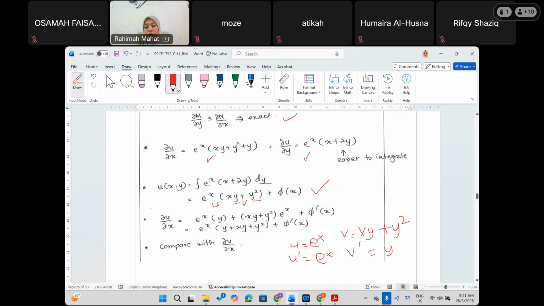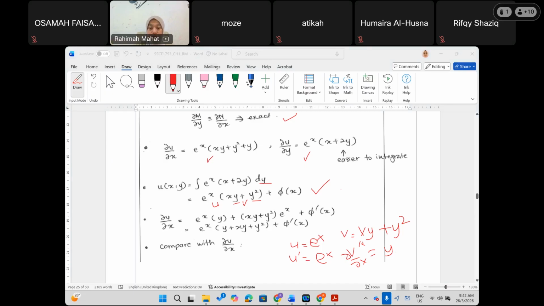This one is actually delta v over delta x. Delta v over delta x, right, v prime. Okay. This one is with respect to x. Okay. So you get your y.